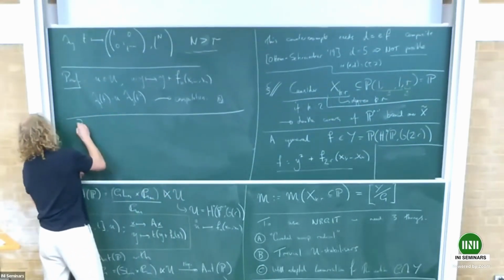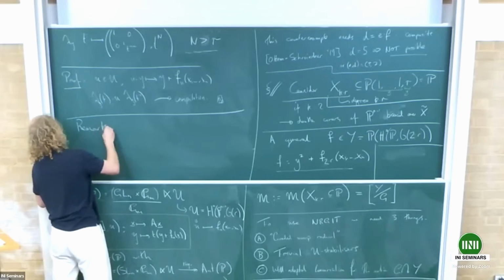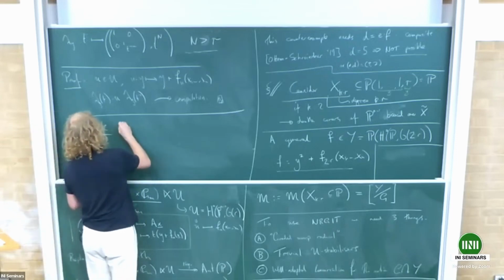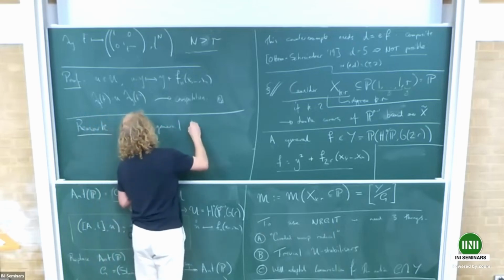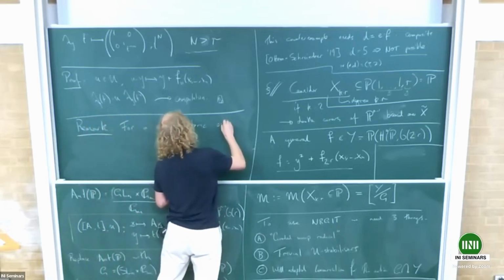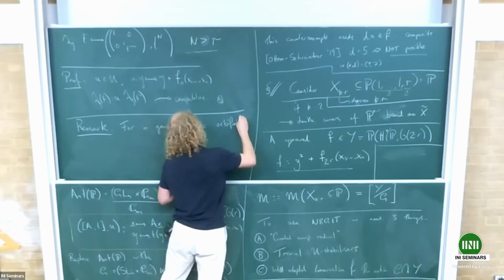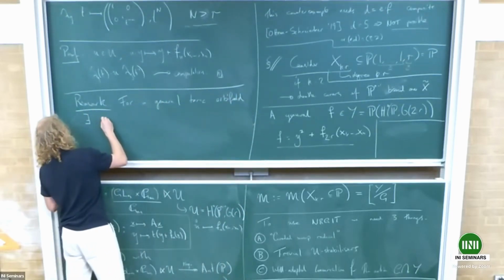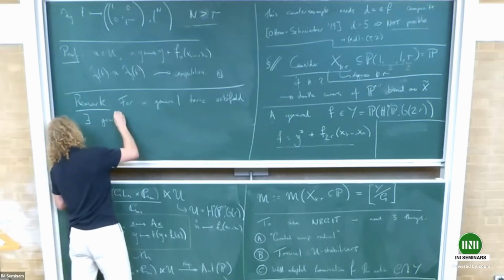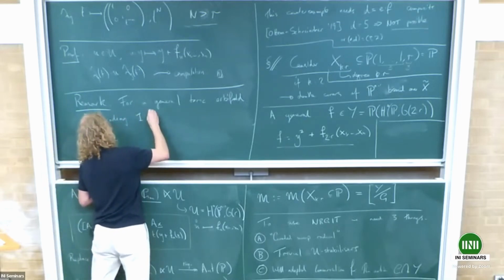And then a remark. For a general toric orbifold, there exists a grading one parameter subgroup.